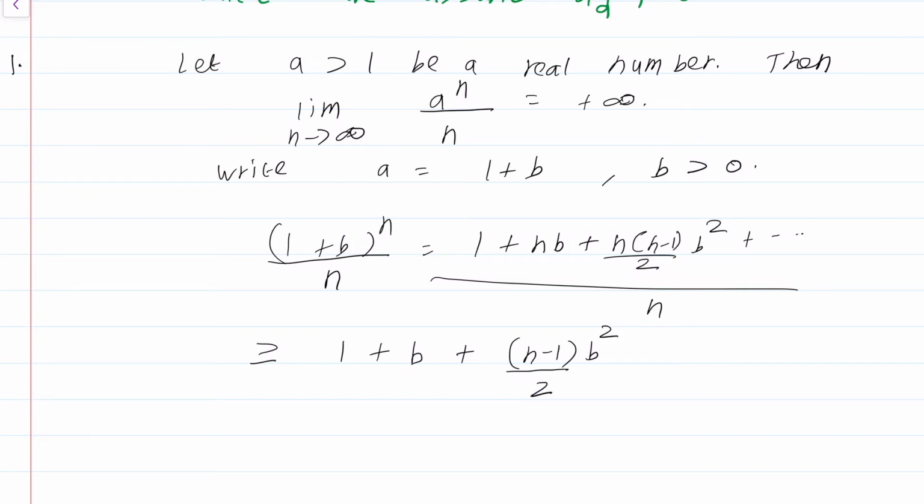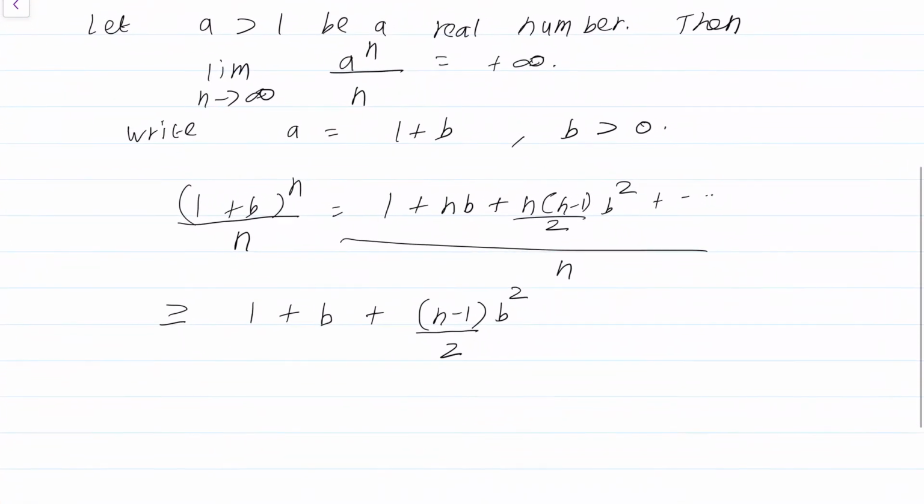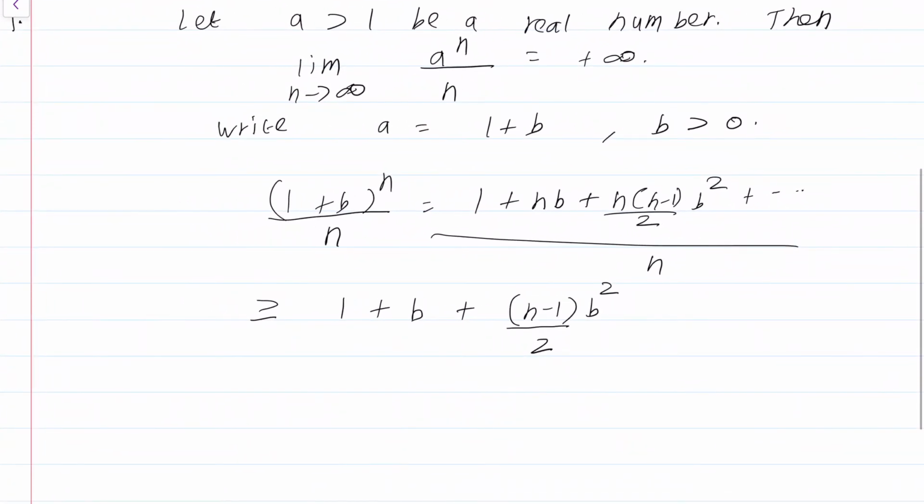So I'm ignoring all the other terms. Okay, and I'm allowed to do all this because every single term here is positive, and this is certainly going to be greater than or equal to (n minus 1) b squared by 2. Okay, and this last thing diverges to plus infinity. So this shows the claim.